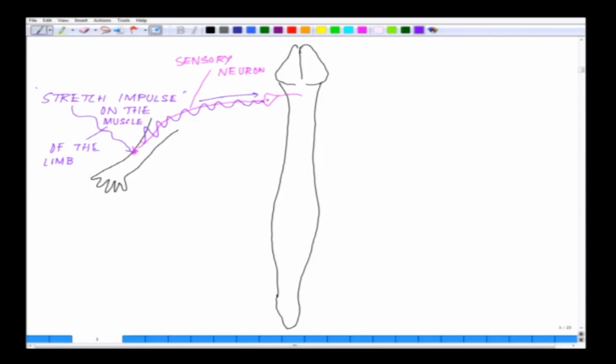So, the direction is this. In the spinal cord, they convey this signal through a set of neurons called interneurons, which I am showing in light color, and they convey the signal to the motor neuron, which is sitting out here. These motor neurons bring back the signal and tell the muscle to act accordingly. So, if we just show it, okay, something like this.